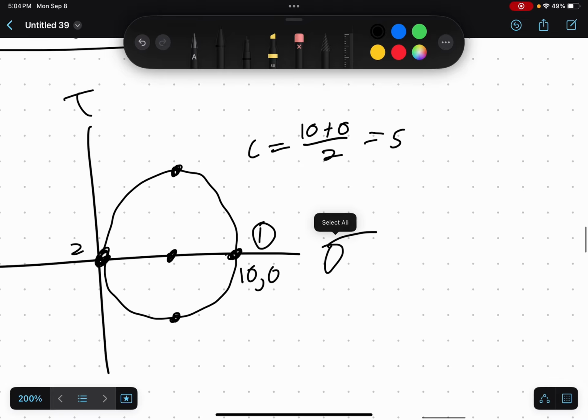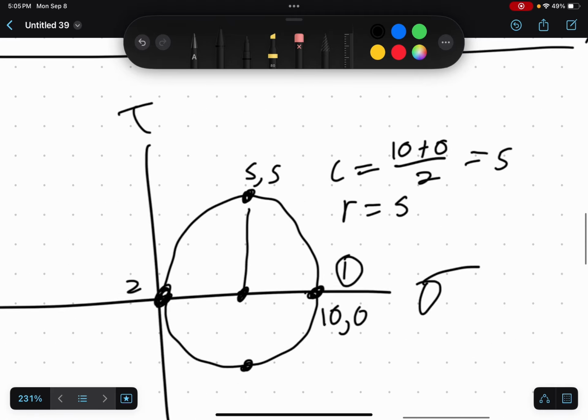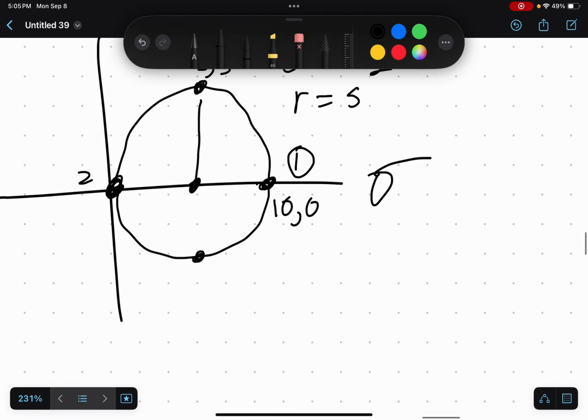And the radius of the circle is also going to be 5. So the maximum possible shear stress is at 5, 5 and 5, negative 5.